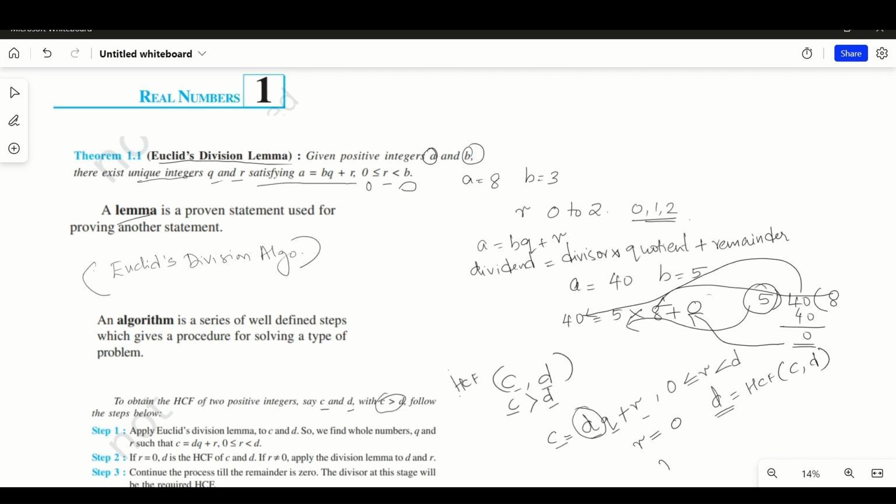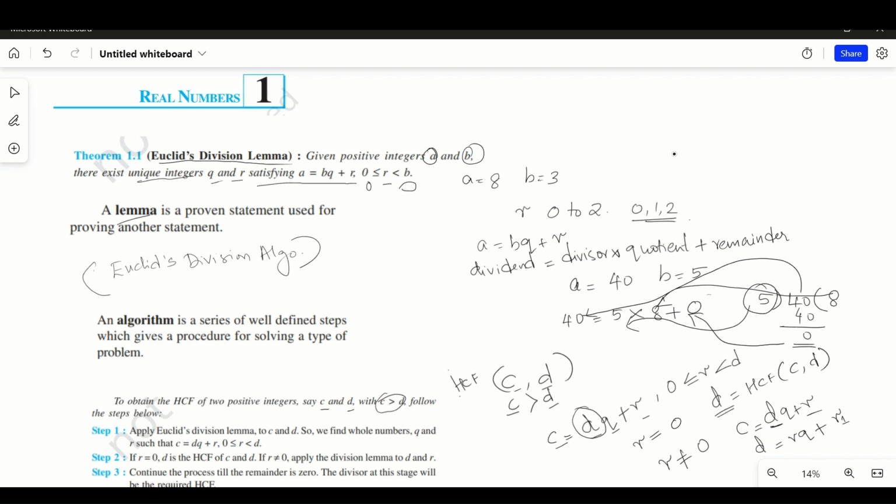And if R is not equal to 0, then we have to apply the division lemma to D and R. Previously the first equation was C is equal to DQ plus R. If R is not equal to 0, then we apply the division lemma to D and R, so it becomes D is equal to RQ plus R1.